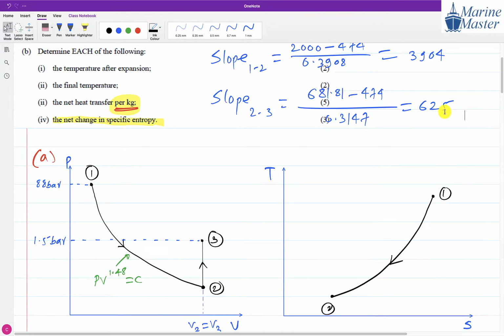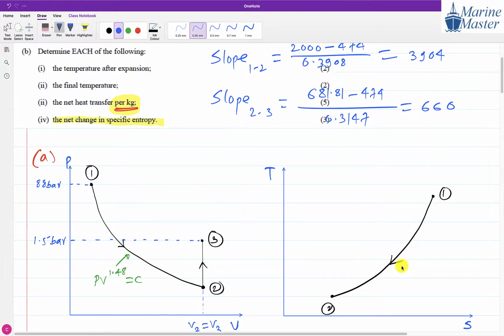So 681.81 minus 474 divided by 0.3147. How much? 625.99. Okay, I am getting about 660 according to this value. 0.3147, yes.